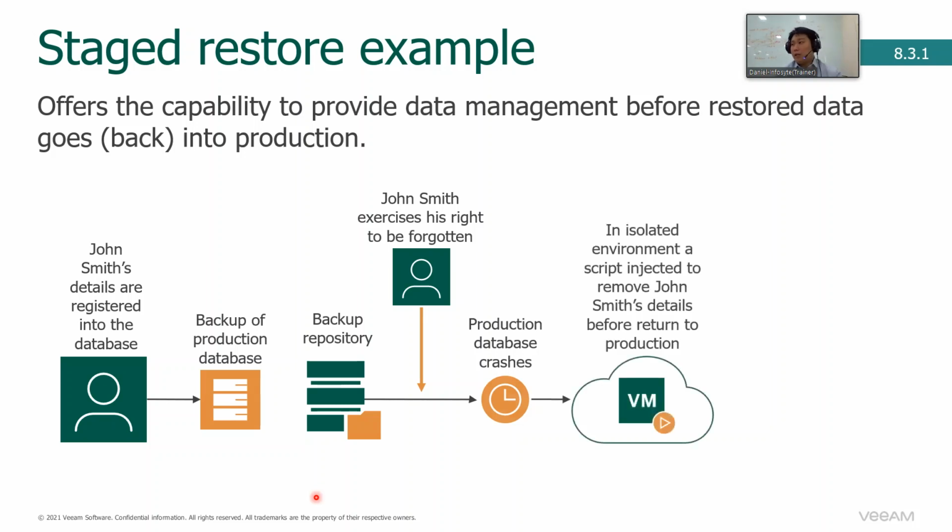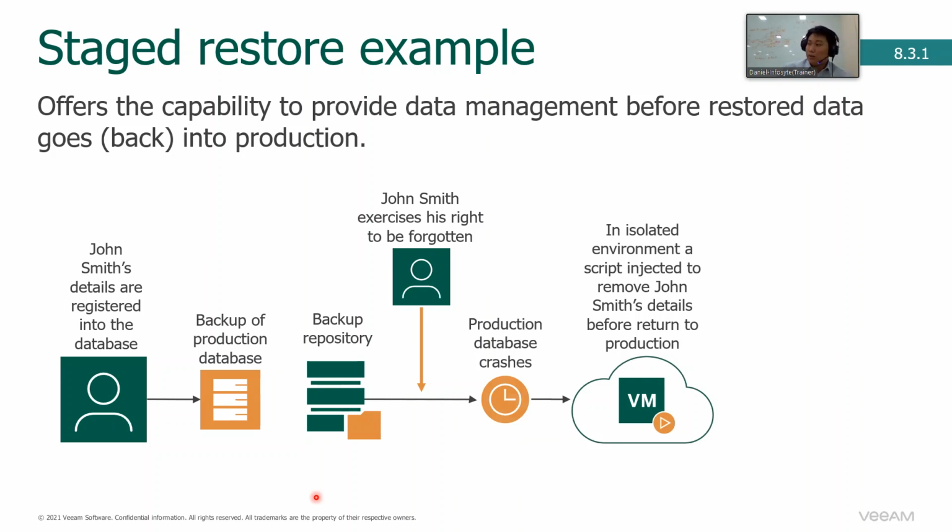So if you know that certain user accounts should be removed before your production system goes online, you can now put these changes into automated tasks using scripts, for example. So I can put in a script to remove John Smith's details before I restore the backup data back to production. So you're bringing the change before the actual data restoration.